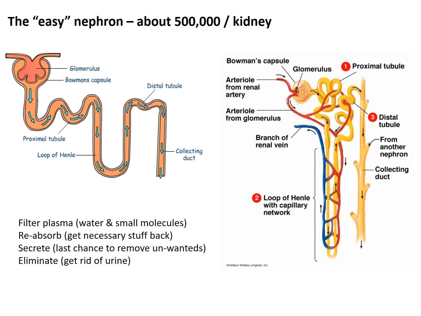So blood moves into the glomerulus. Blood in the glomerulus is then filtered, and this starts the process of creating a urine filtrate. Water and small water-soluble products will be pushed out of the glomerulus into Bowman's capsule.